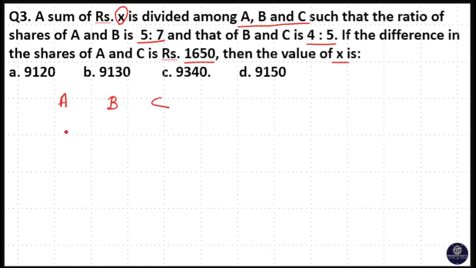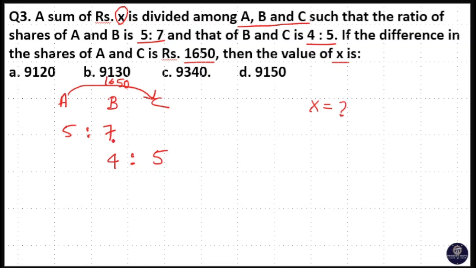A and B have 5:7, and B and C have 4:5. The difference between A and C's shares is 1650. Then we have to find the value of X.